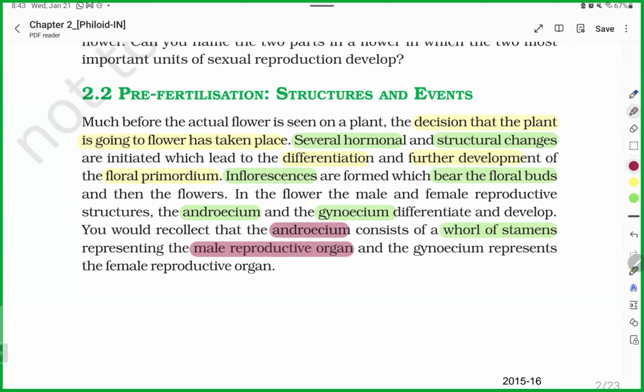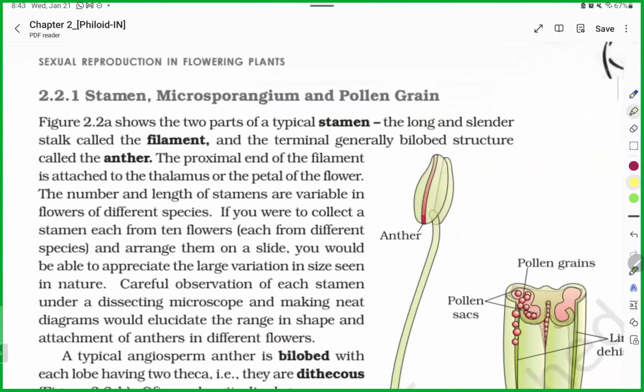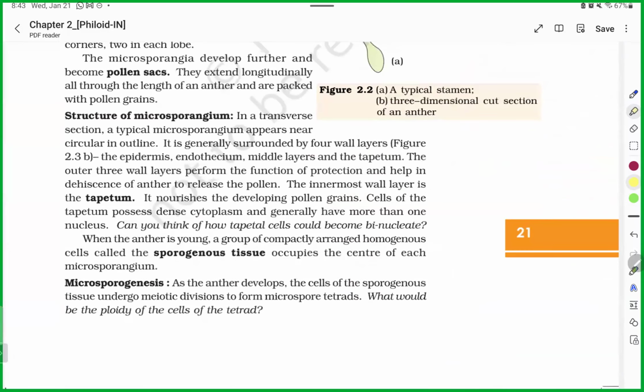The gynoecium is the female reproductive organ. Okay. So we will read only up to tapetum, because tapetum is a part of our portion.